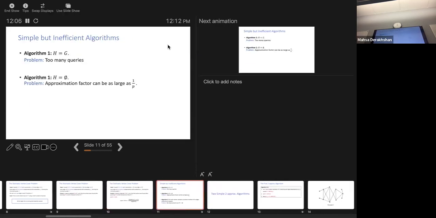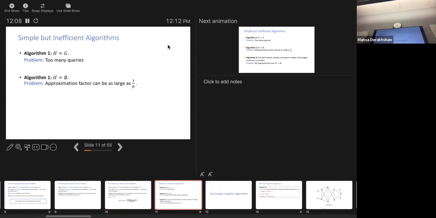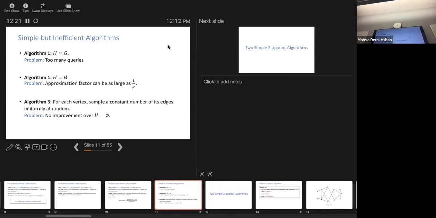Just some simple basic algorithms and why they don't work. If you query everything, that doesn't work because our graph may be very dense. If we don't query anything, our approximation ratio can be as bad as 1 over p. And interestingly, another algorithm may seem good: what if we query a constant number of edges for any vertex? This also is as bad as querying nothing, right?